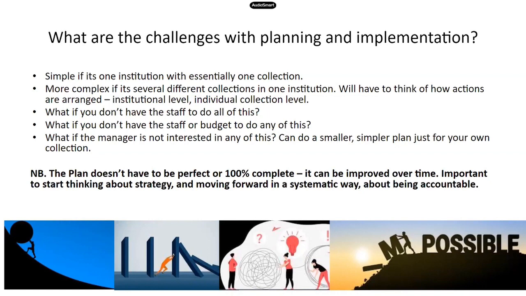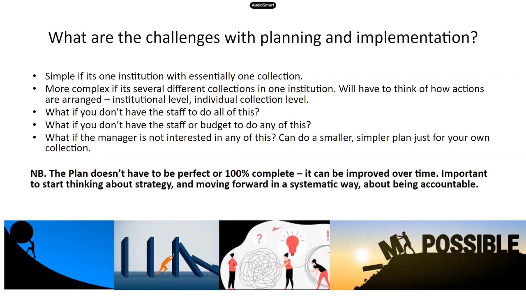Knowing that it's me and I'll get 10,000 Rand a year to curate this collection. Let me still understand where are the gaps, where are the challenges that need to be addressed. Let me make a plan to do that, even though it's just me and I've got a little bit of money. You can do a simple plan, even if it's just one of you in that collection.